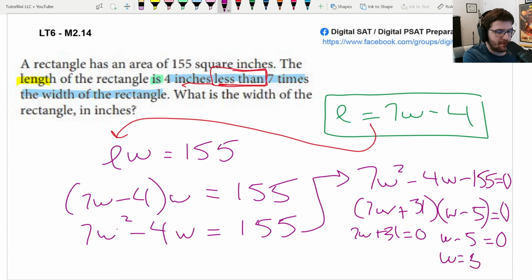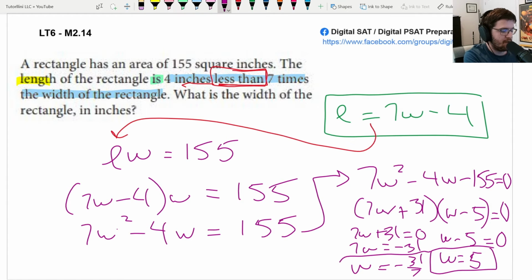And for the other one, you would subtract 31, 7w equals negative 31, and then w equals negative 31 over 7. But that's impossible because you can't have a negative width. So we would cross that out. The answer is 5.